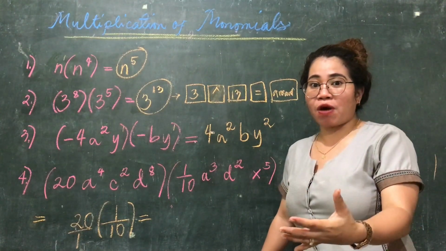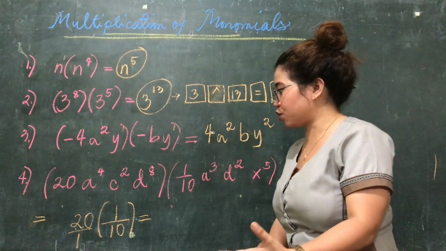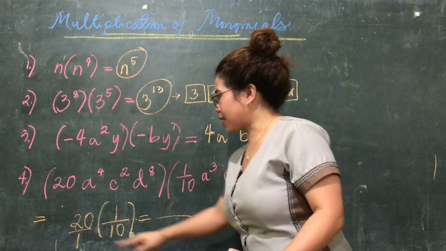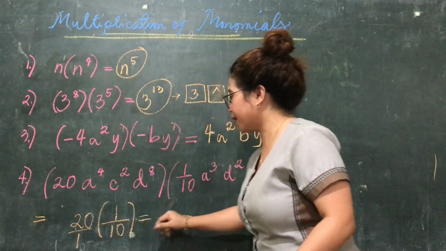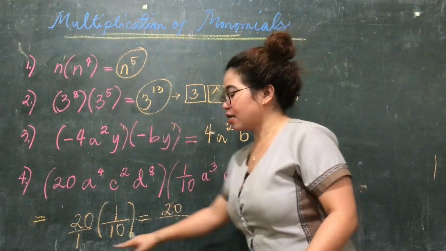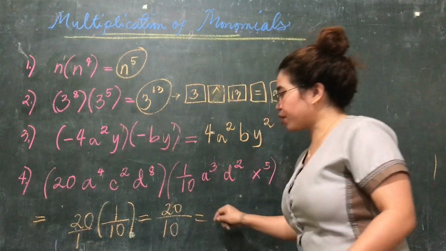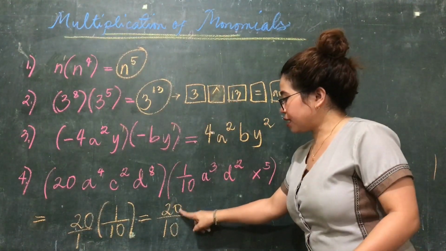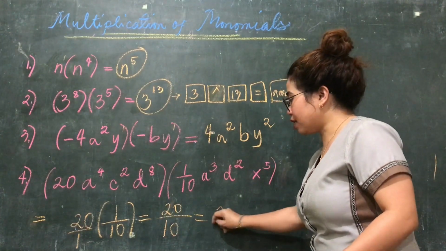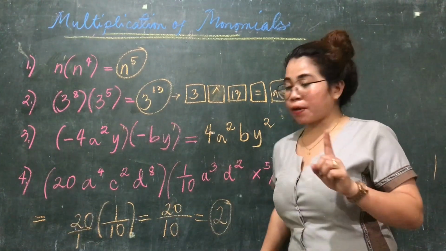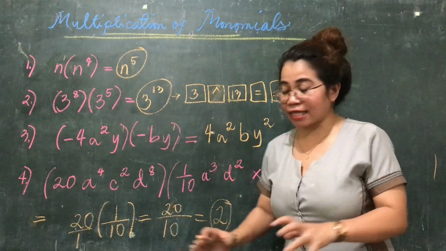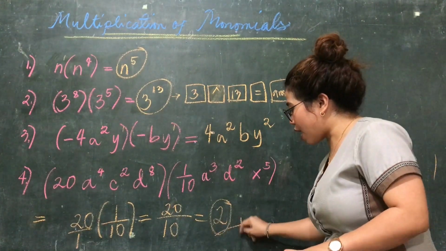Ambot lang sa inyo kung gusto mo magdiretso. So, taas times taas ta. 20 times 1, you have 20. Sa baba ta, 1 times 10, you have 10. I-reduce na to. Ang 20 bahinon into 10, you have 2. So, sa mga coefficients, kung atong i-times, 2 na gyud ang answer.